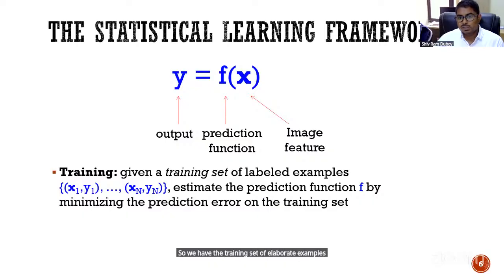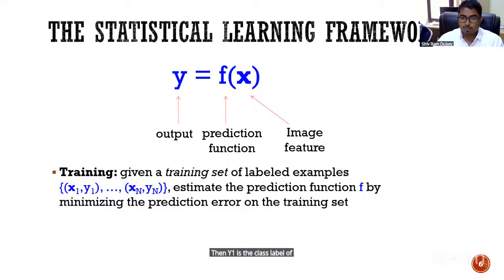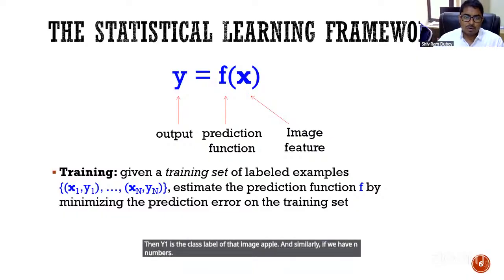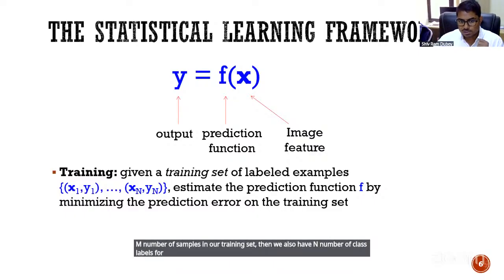Labeled examples means we have the images, meaning the input, and we also have the associated class label. For example, if x1 is the first image of an apple, then y1 is the class label of that image, apple. Similarly, if we have m samples in our training set, then we also have the class labels for each of those samples.